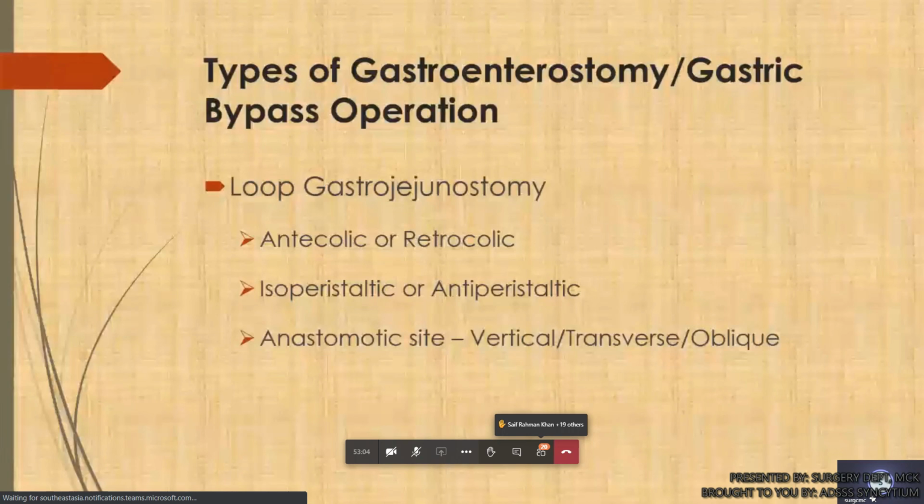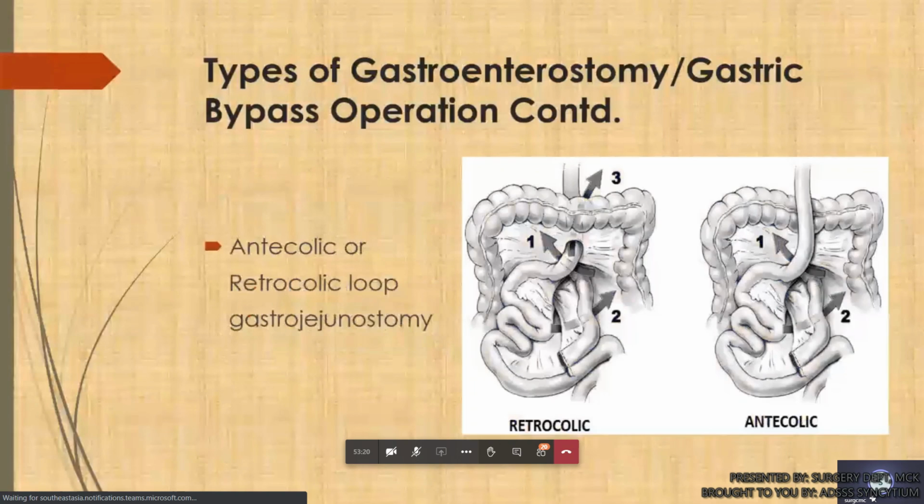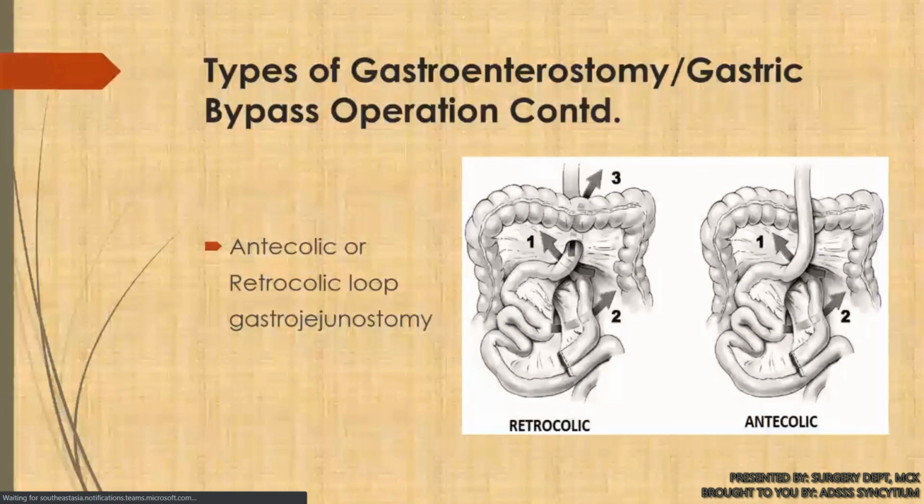It can be isoperistaltic or antiperistaltic. And depending on the anastomotic site, it can be vertical, transverse or oblique. Types of gastroenterostomy, gastric bypass operation: anticolic or retrocolic. Pictures of retrocolic and anticolic anastomosis are given.